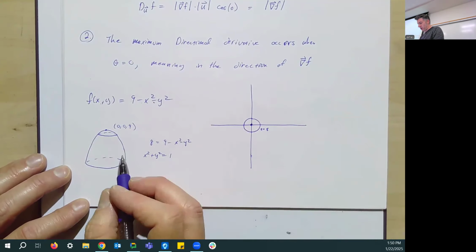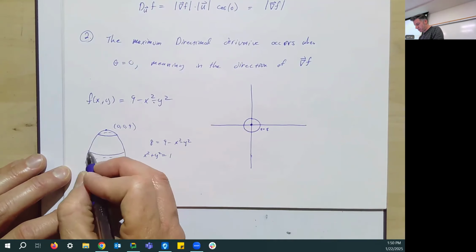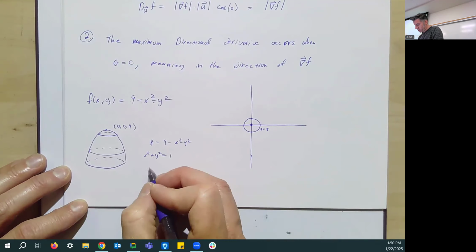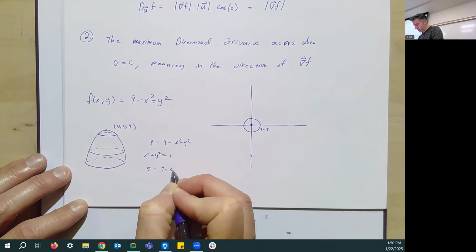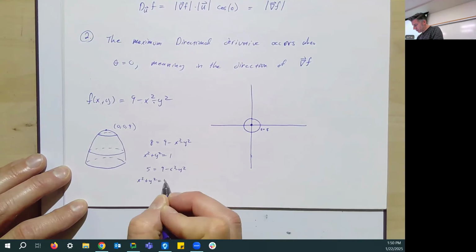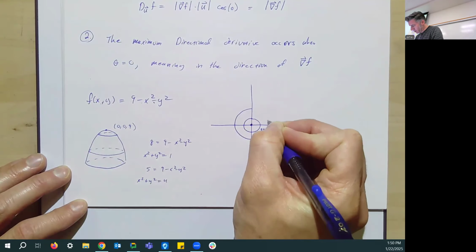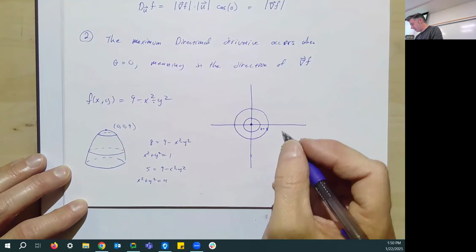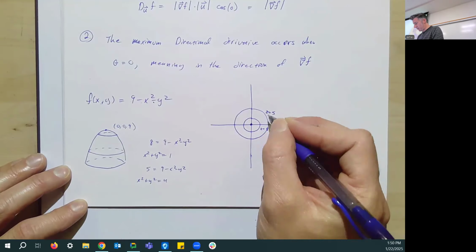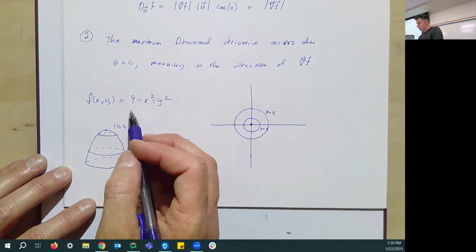Then if we go a little bit lower down to, say, z equal to 5, we get a circle of radius 2. And then finally, if we go down to, say, z equals 0, we're going to get a circle of radius 3.